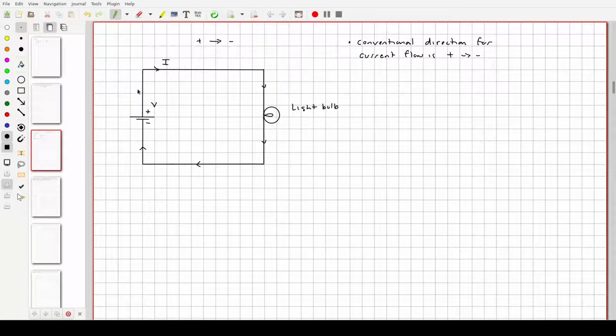Okay, so here the electric field would point this way, like that. But in truth, what's moving here would be the free electrons that you see that accompany metals. So you have these things that are called charge carriers.